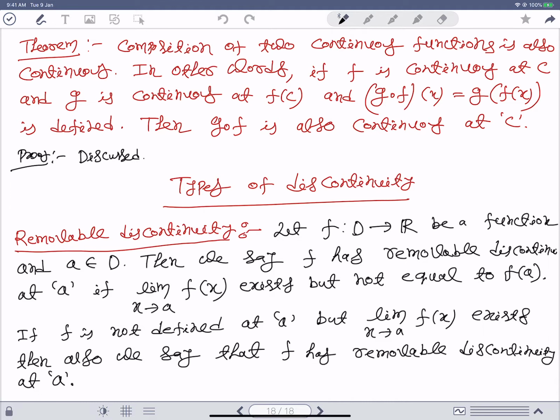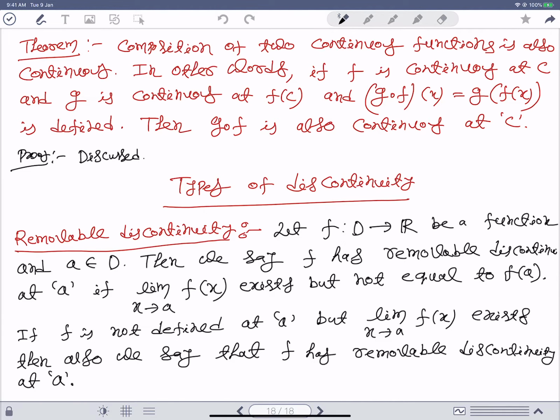Then we can define the function f at x equal to a as the limit of the function, and again we get a continuous function. Thus, by defining or redefining, we get a continuous function. For this reason, this kind of discontinuity is called removable discontinuity.